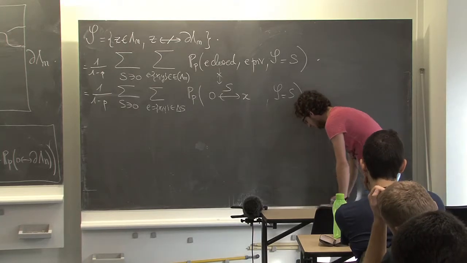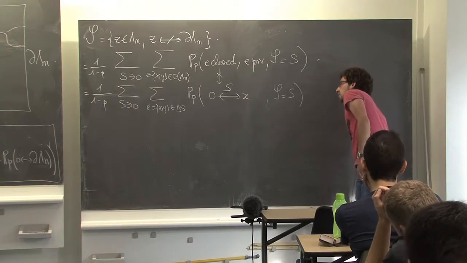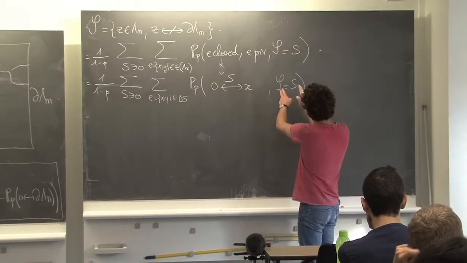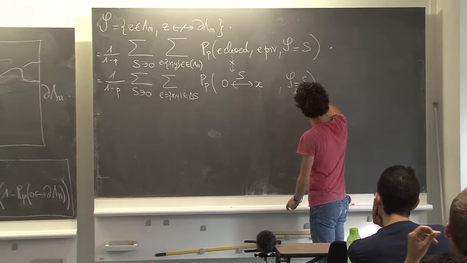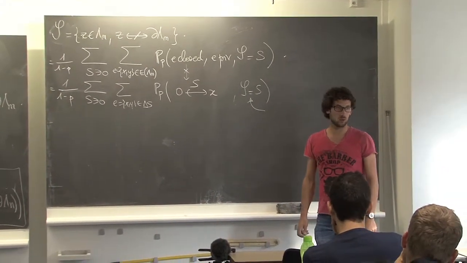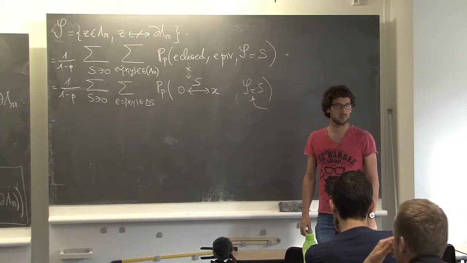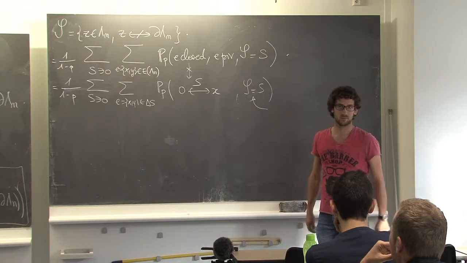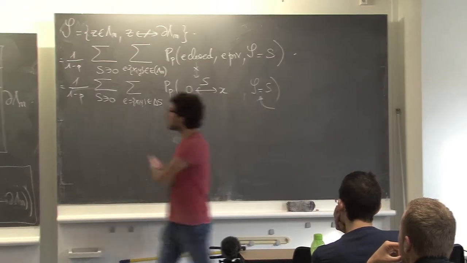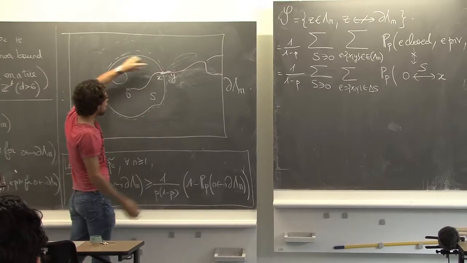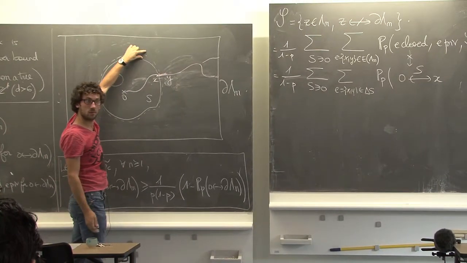Good? Now, what do we need to do now? Well, here, what is the state of the edges that I need to know to decide that S is equal to S? What information do I need? Well, I need everything which is outside of S or on this hypersurface.